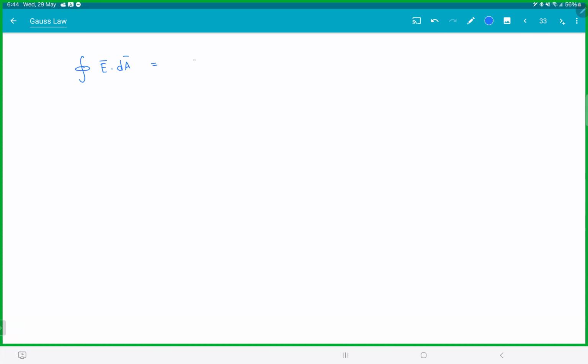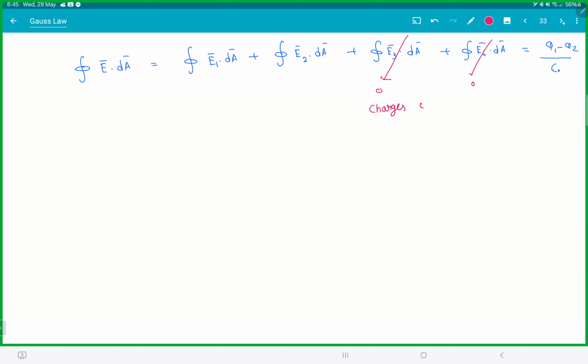So you're basically taking the field due to everyone. This is Q1 minus Q2 by epsilon. But we know these two will be zero. Charges outside do not contribute any flux. That's what is happening. Basically, we just added zeros on the left.